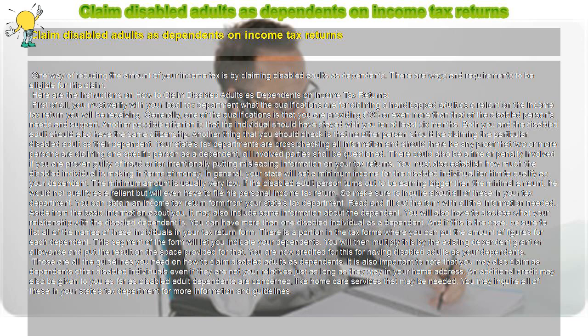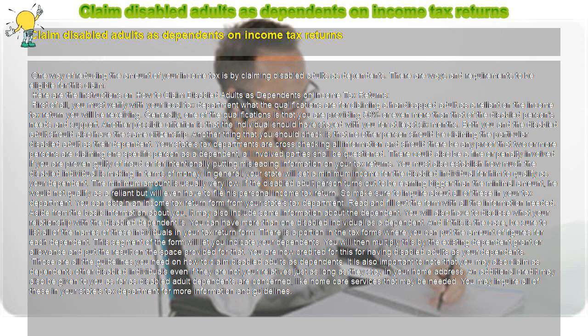There could also be a fine or penalty involved if you are proven guilty of fraud or of intentionally putting misleading information on your tax returns.